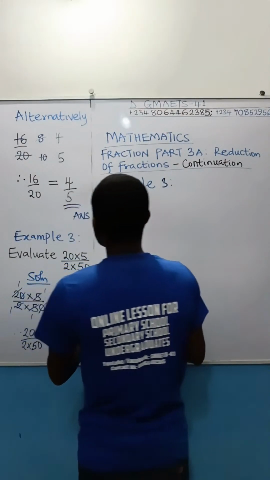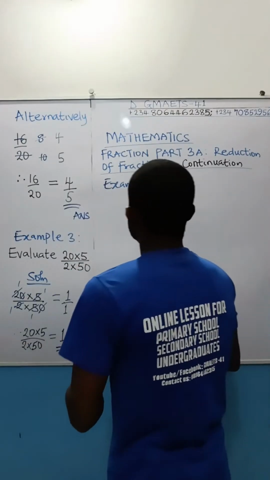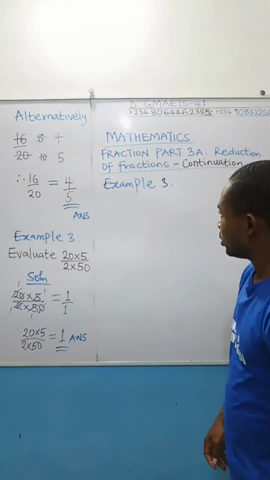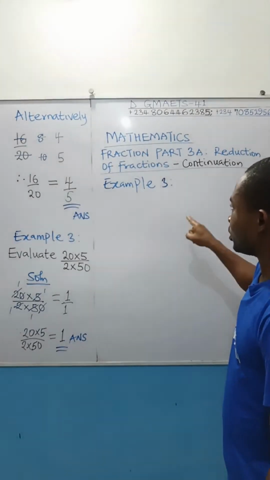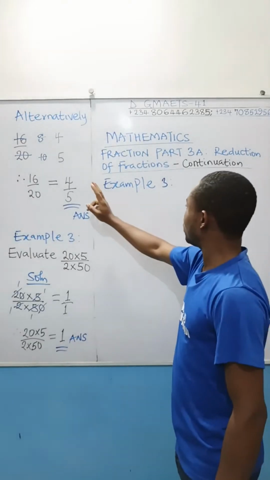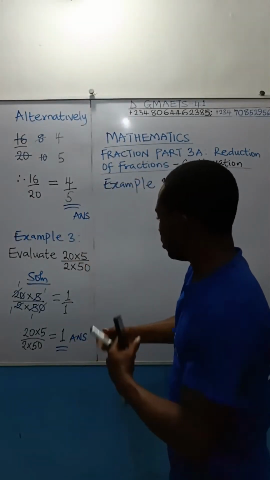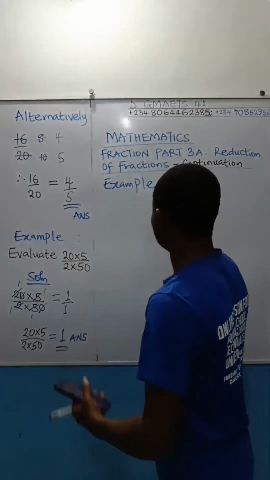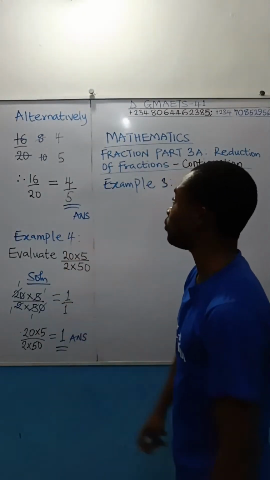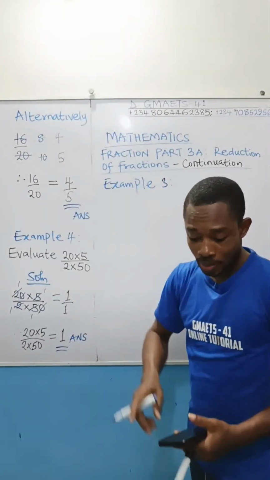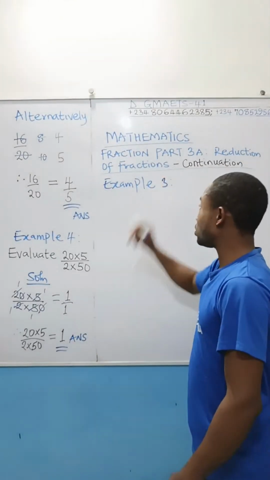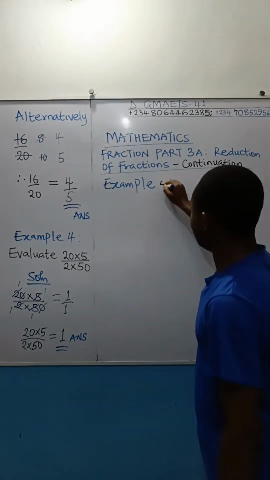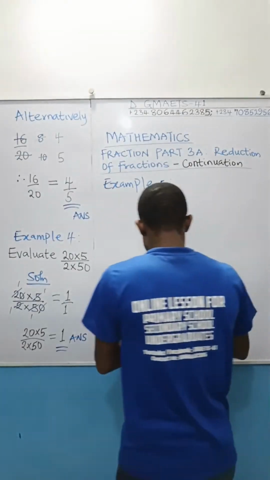This example 3? Seems like I made a mistake in the numbering. The one we solved before this was example 3. This would be example 4 because we started with number 1 earlier. This should be example 4. Number 1 was from our previous class under reduction of fraction because this is the second class. So this is number 5. Good. And we have this question.